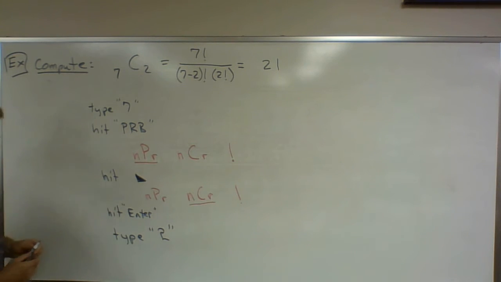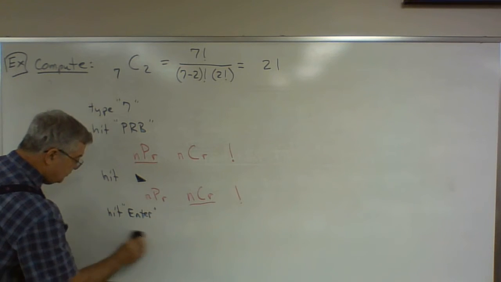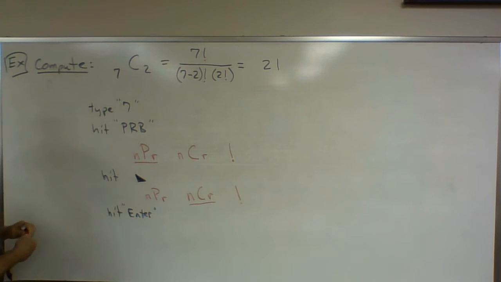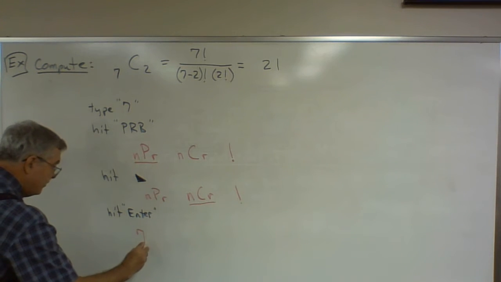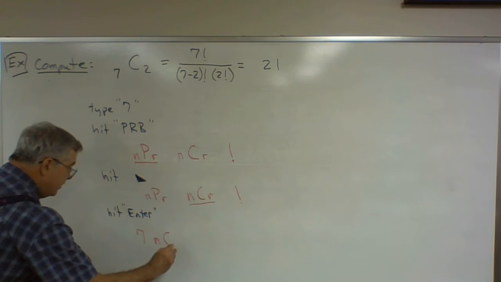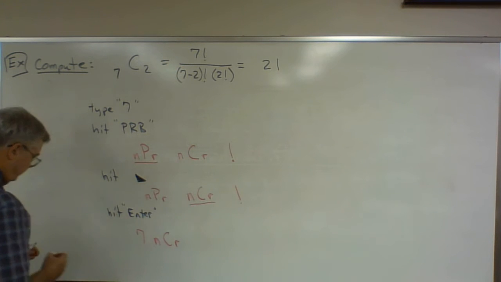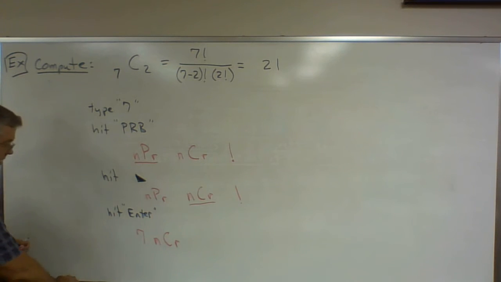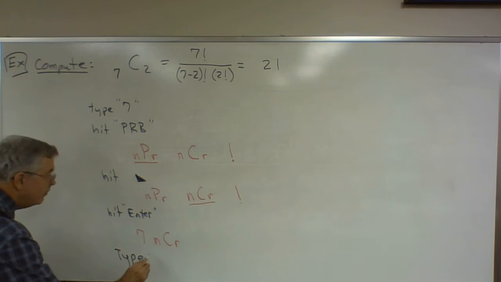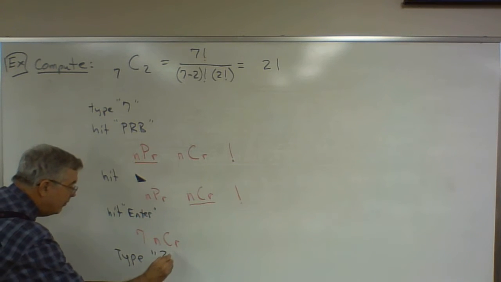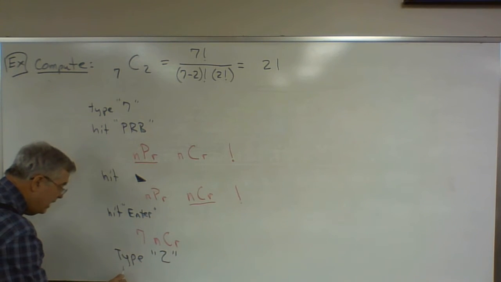And on the screen, what we should see at this point is 7 NCR, and we type in 2. And hit enter.